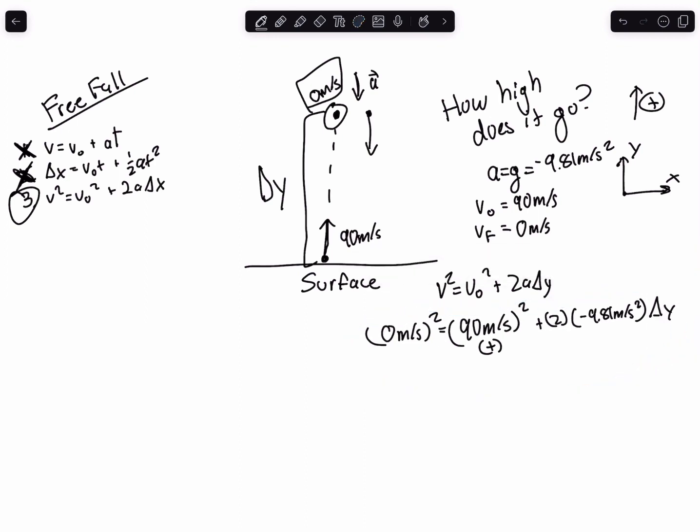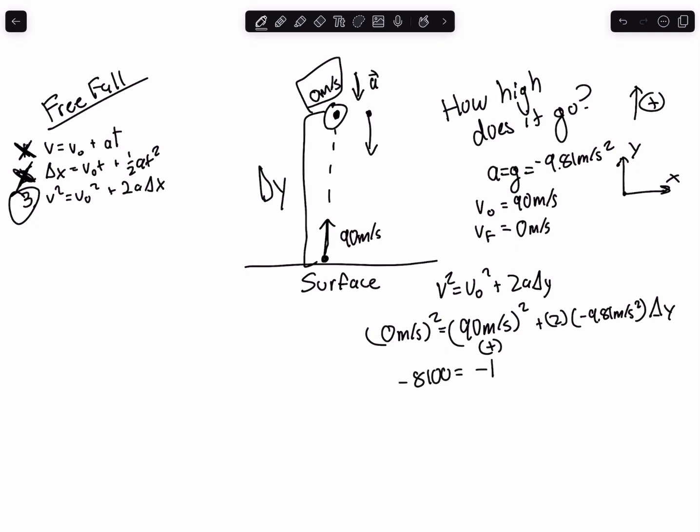So let's do that. Take out your handy dandy calculator. We have 90 squared on this side, 2 times negative 9.81 on this side, delta y. That ends up being 8100 equals 2 times 9.81, and this is negative 19.62 delta y.